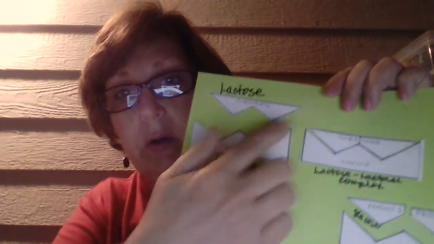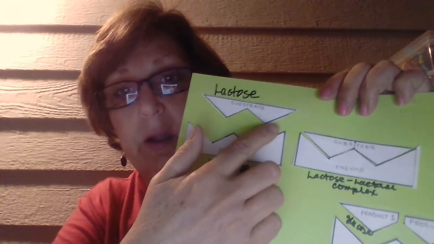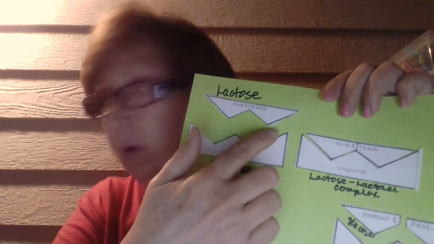Up here, it says this is my substrate. If you read through the lab, you'll notice that it tells you the substrate is lactose. If it's lactose, then we know the enzyme has to be lactase, because in almost 99% of cases, you can tell an enzyme by the last 3 letters. Most of them are ACE, like lactase. That makes it easy to understand.